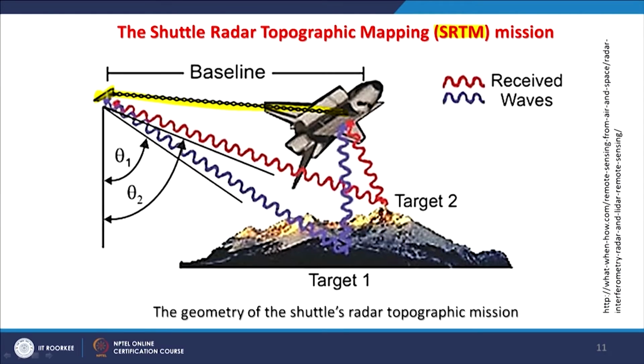There was an instrument here and an instrument there, and both were collecting the radar information at the same time with a fixed baseline, because the baseline was connected with a shaft with two instruments. So with a fixed baseline and two different angles, the same area was covered at the same time, and that allowed generating a digital elevation model for almost the entire globe in a relatively easy way compared to other techniques.